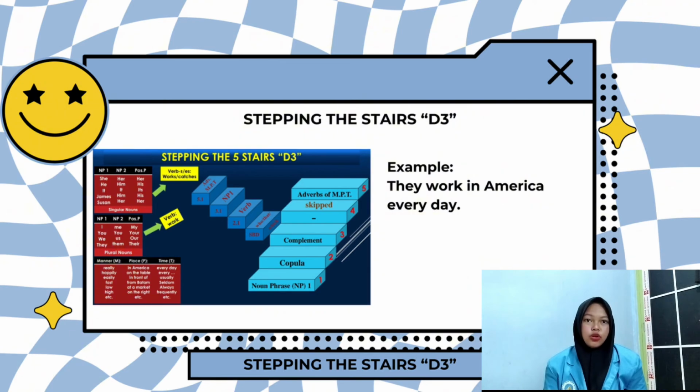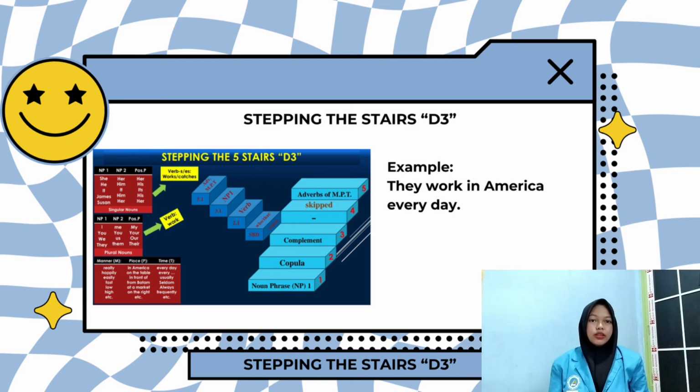For example, quickly, in America, every day. So for example sentence: they work in America every day. So we have they as NP1, work as a verb, and then in America every day as an adverb of MPT. So this is how we build a full sentence using an action verb.